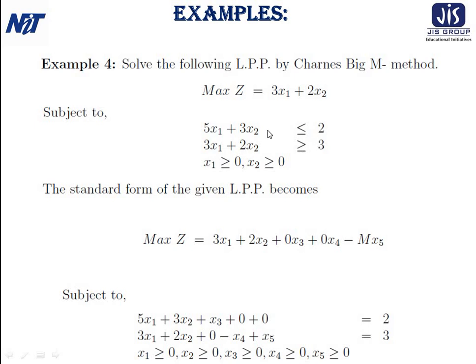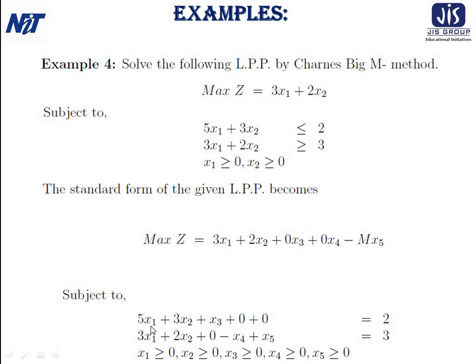The added variable is the slack variable, the subtracted variable is the surplus variable, and the coefficients of slack and surplus variables will be 0 in the objective function.